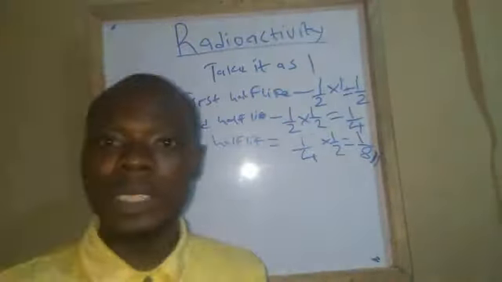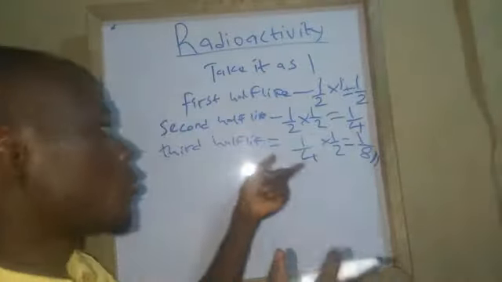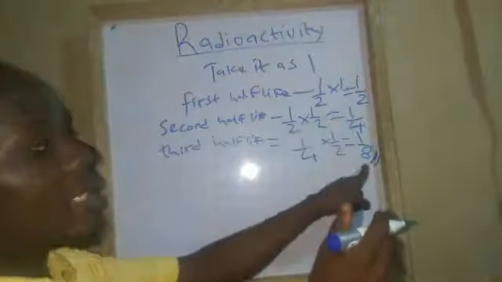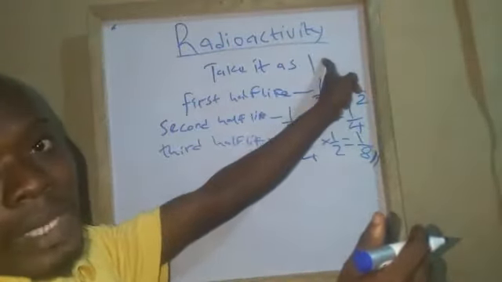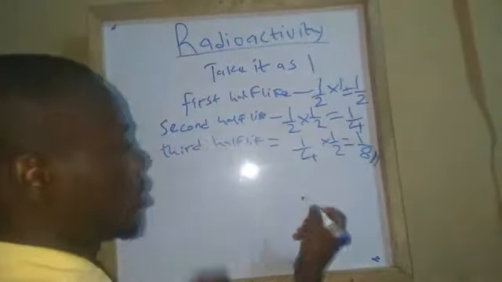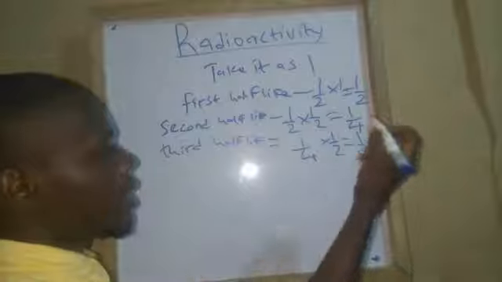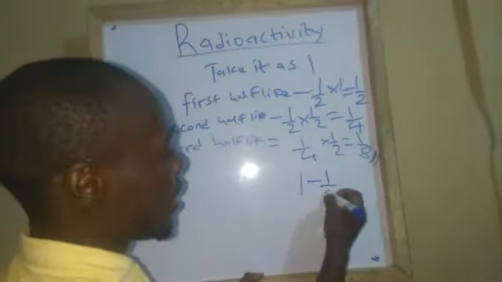Now, how do I calculate the fraction that has disintegrated? That means I will have to subtract the fraction left from the original fraction given, the whole number. So the fraction that has disintegrated will be 1 minus 1/8.